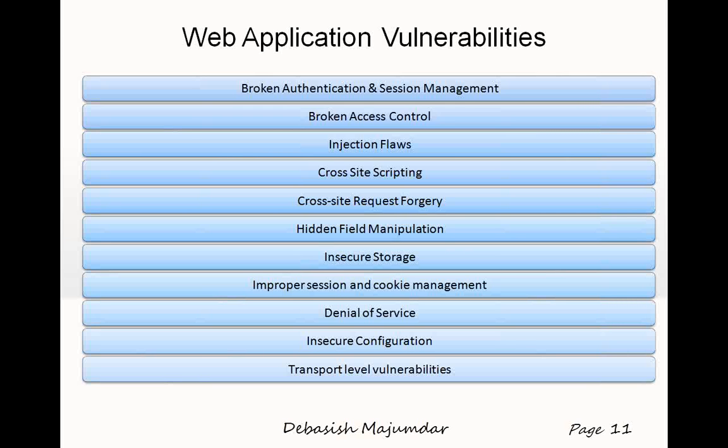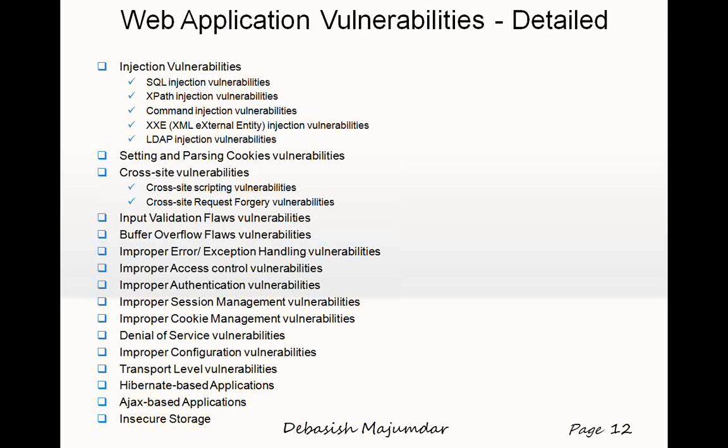Injection flaws are also of different types, and cross-site scripting and cross-site request forgery are critical ones. Here we have categorized different vulnerabilities, like injection vulnerabilities such as SQL injection, XPath injection, command injection, XML injection, and LDAP injection.